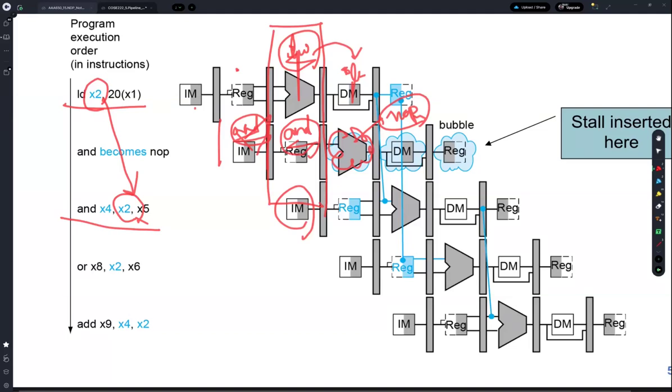And the add instruction is still in the ID stage. So the load use data hazard works like this. Then the load instruction will fetch data from the data memory. When the add instruction is in the EX stage, this data can be forwarded from the write back stage, right?